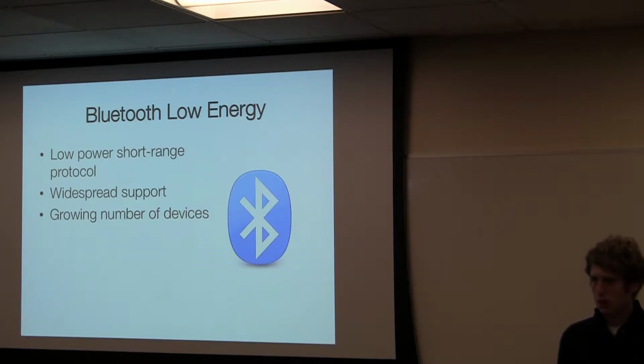There was actually a pretty good introduction to Bluetooth Low Energy last week. A sort of abbreviated version: it's very low power and short range, on the order of, say, 30 feet practically. But most modern smartphones now support it.